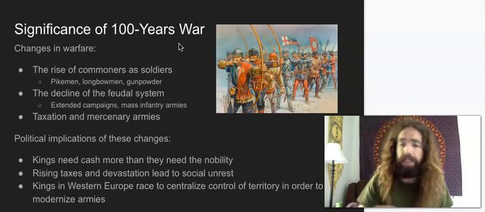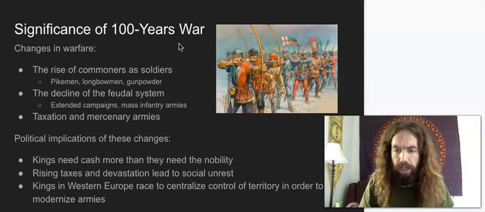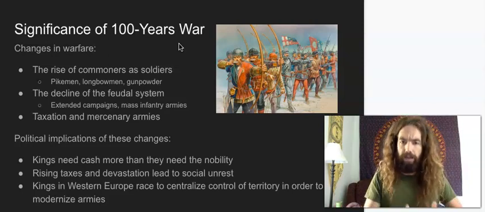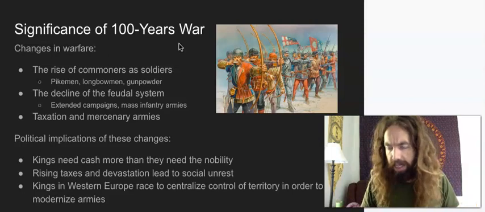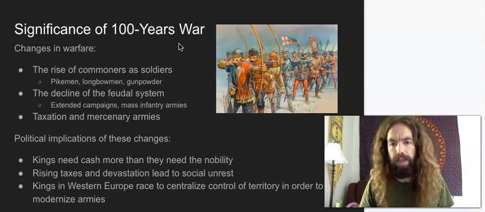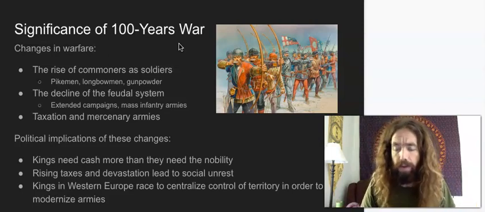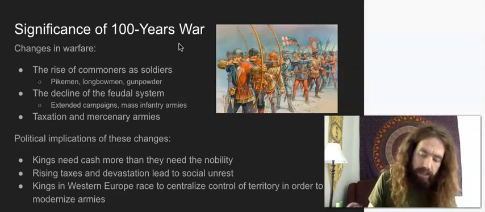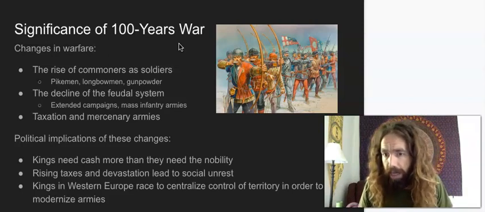So what this means is that warfare shifts from being free and short-term to being kind of long-term and extremely expensive. So kings, in order to be able to fight wars effectively going forward, are going to need massive amounts of money. And this is going to be a major theme in the first part of the class.